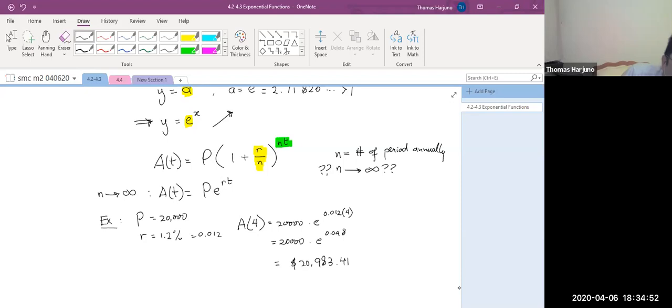Even though I say we compound it continuously, you will see the final number that I have here, I use this example, okay? The number I get here will be very similar if we compound this every hour.